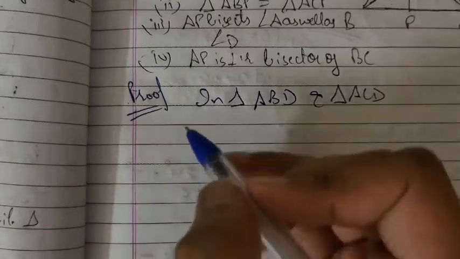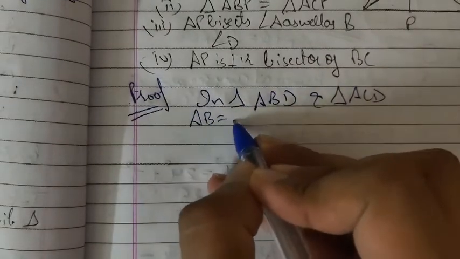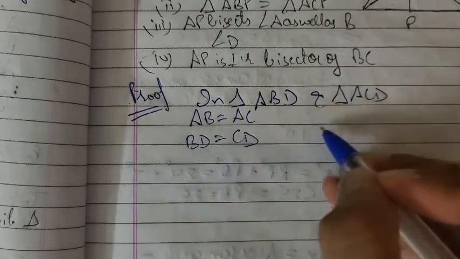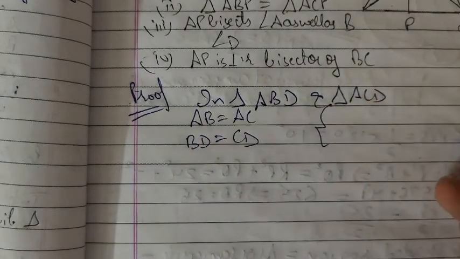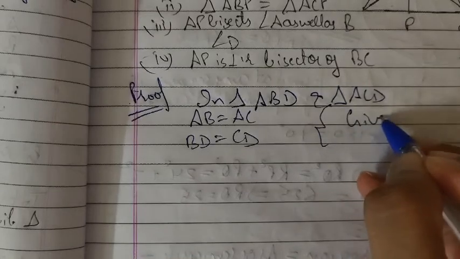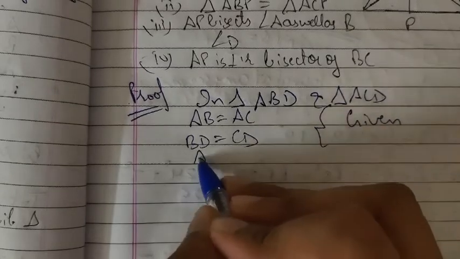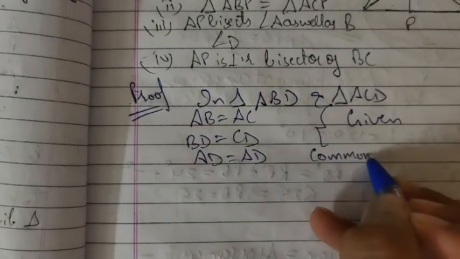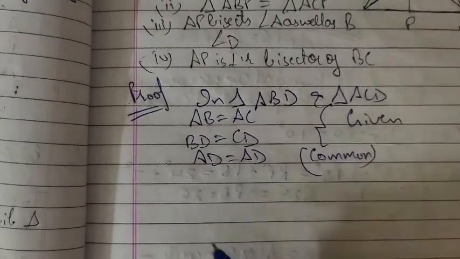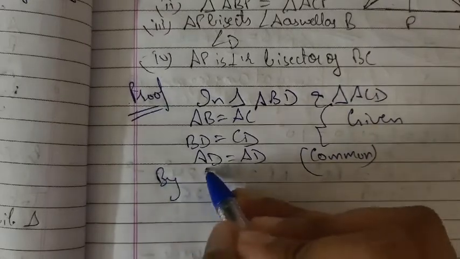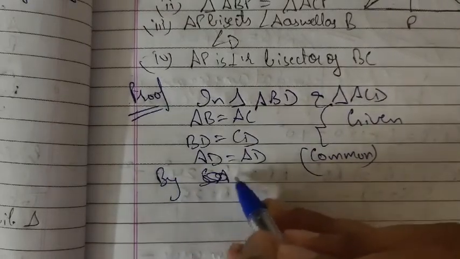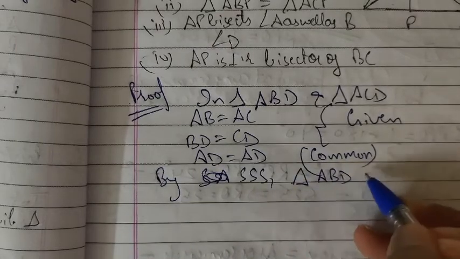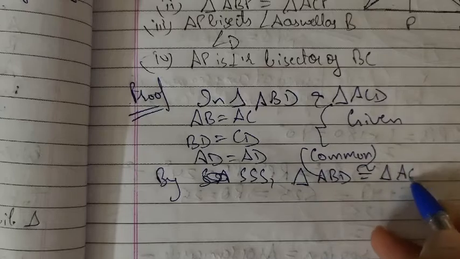We know that AB is equal to AC, BD is equal to CD, reason given, and AD is equal to AD, common, because AD is common in both the triangles. So by side-side-side, triangle ABD is congruent to triangle ACD.